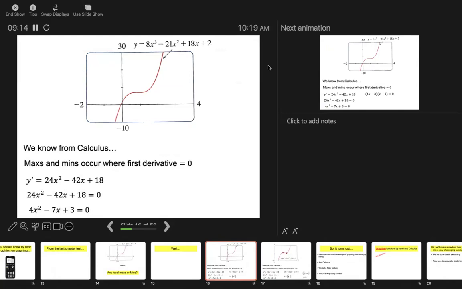All right. First number? 4. So give me the factors. Pick one. 1 and 4. Last number? 3. 1 and 3.